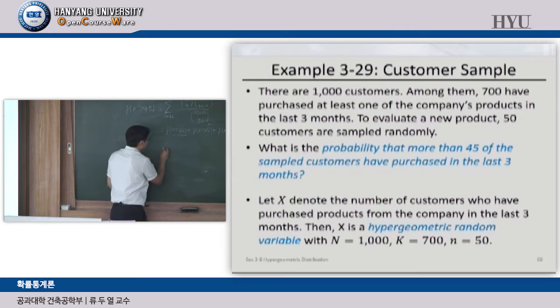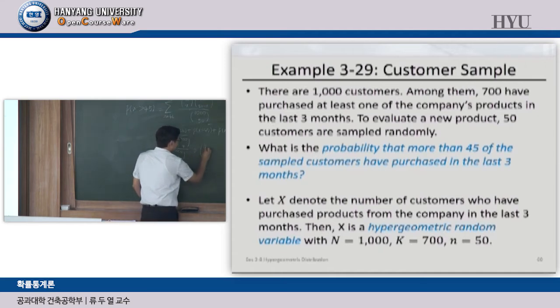There should be 700 choose 46, 300 choose 4, over 1,000 choose 50. So for this case, we have to calculate all these three terms.